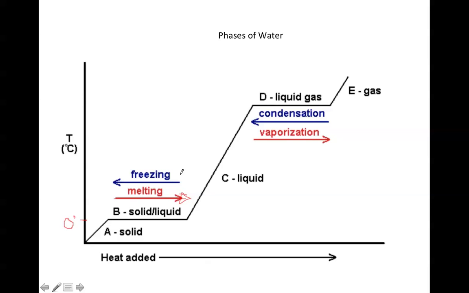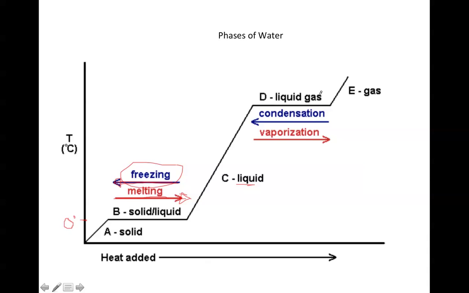If we go the opposite way, if we start as a liquid and remove energy, we are going to a solid. And this is called freezing. So the freezing and melting point, as you can see, happens at the exact same temperature, 0 degrees Celsius. It just matters if you're adding energy, it's melting, or if you're removing energy, it's freezing.